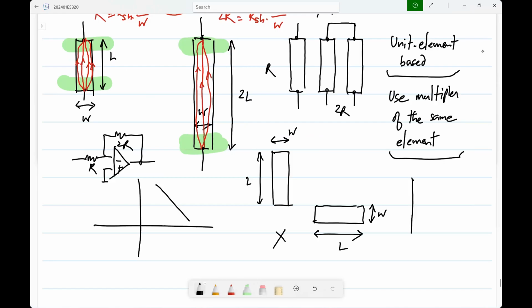If you want two identical resistors, you orient them in the same way. This is how you do things to avoid systematic mismatch. Now it turns out again, even these can have errors.